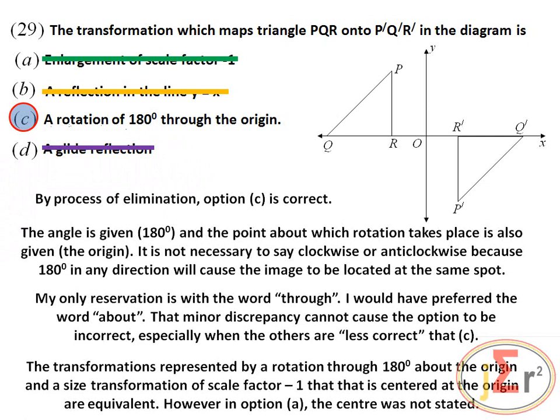They are equal. However, in option A, the center was not stated. Because the center was not stated, we cannot be sure and we cannot jump to any conclusion that it is actually at the origin. Jumping to conclusion is bad exercise.